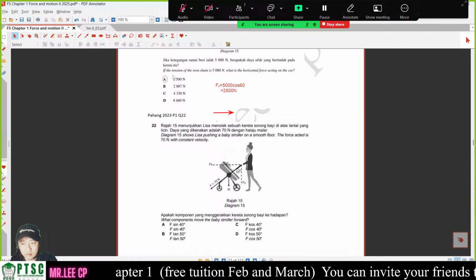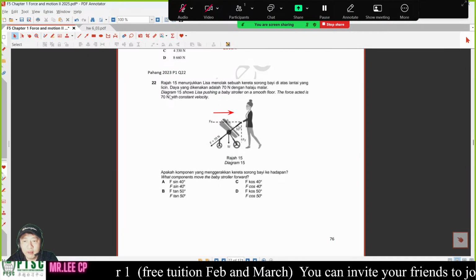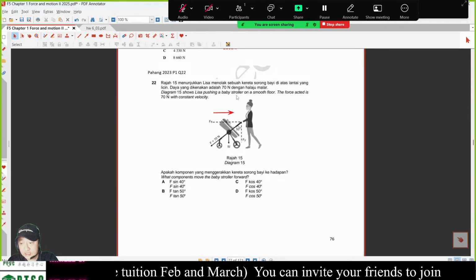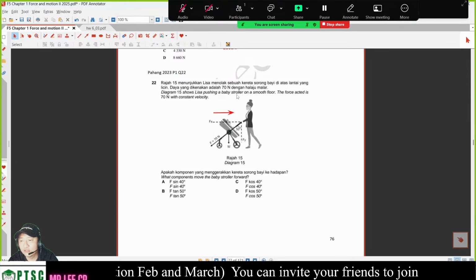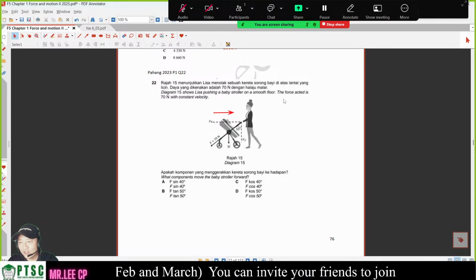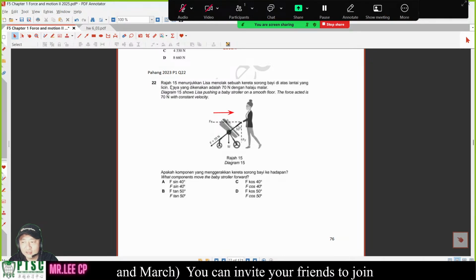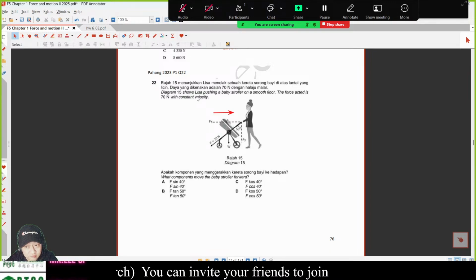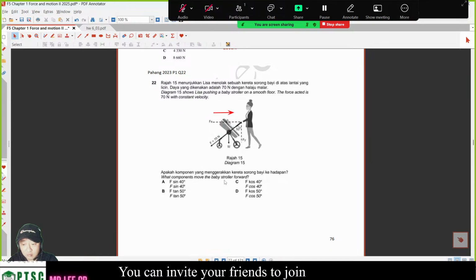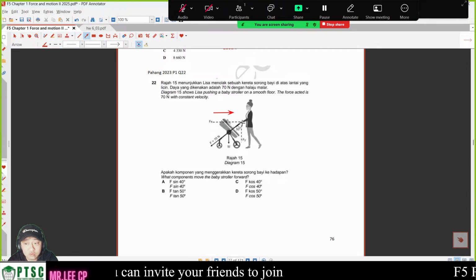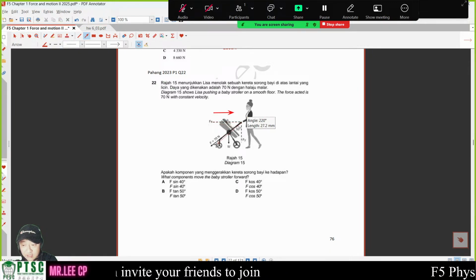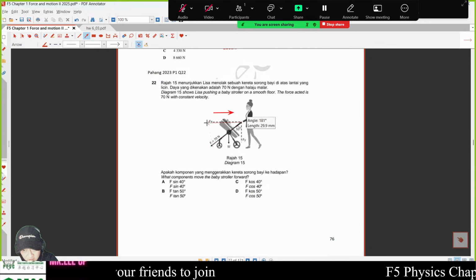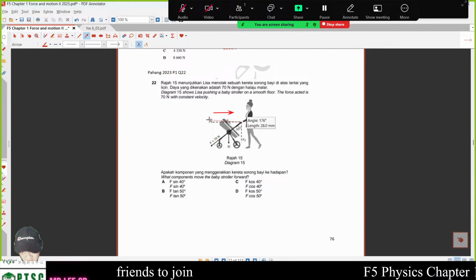All right. Now, diagram 15 shows Lina pushing the baby stroller on the smooth floor. The force acting down is 70. So pushing here, it is 70. Constant velocity means equilibrium. So what is the component that moves the baby forward? Forward means Fx. F 70, touching 50 or not touching 50?